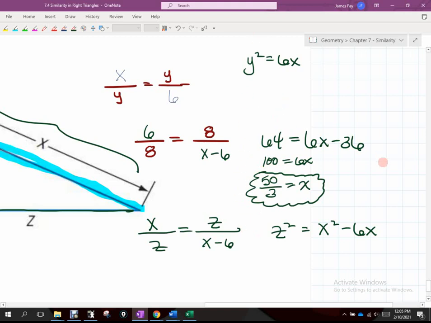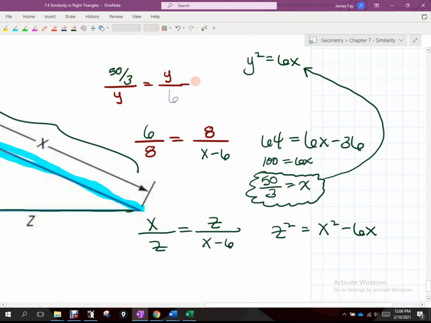We can go through and say, okay, I'm going to plug it into there and solve for y. Or if you haven't multiplied these out yet, you could actually just put it back in the proportion and now cross multiply there. Does that make sense?